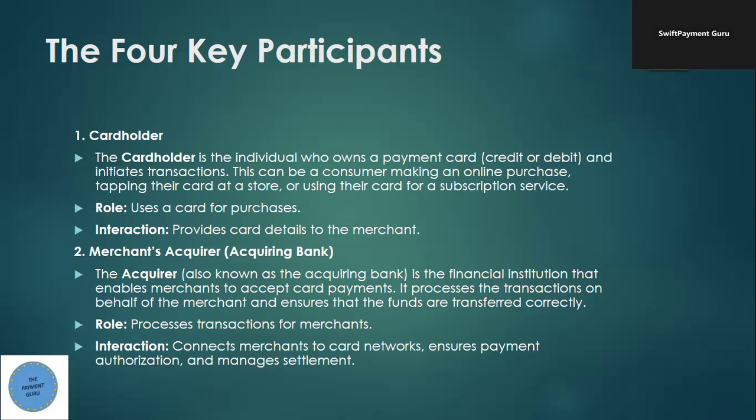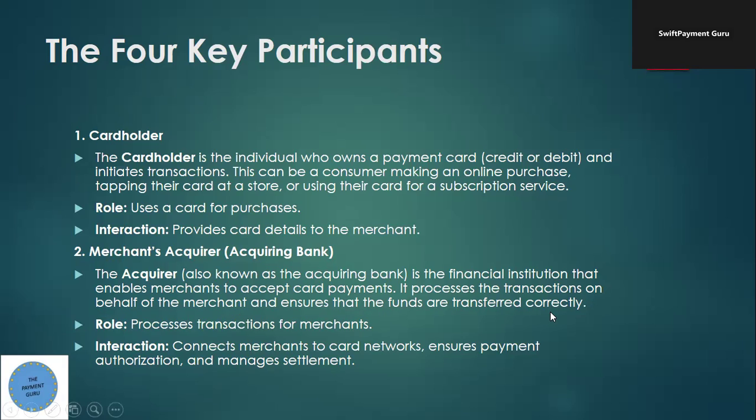That POS machine would be from the respective bank, let's say CDUS bank. That CDUS bank is nothing but the acquiring bank. So that is what is mentioned here. The acquirer, also known as the acquiring bank, is a financial institution that enables merchants to accept card payments. It processes the transactions on behalf of the merchant and ensures that the funds are transferred correctly.